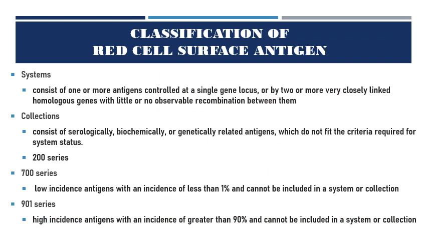The classification of red cell surface antigens are systems, collections, the 700 series, and the 901 series.